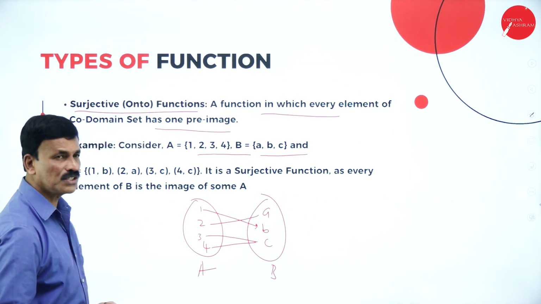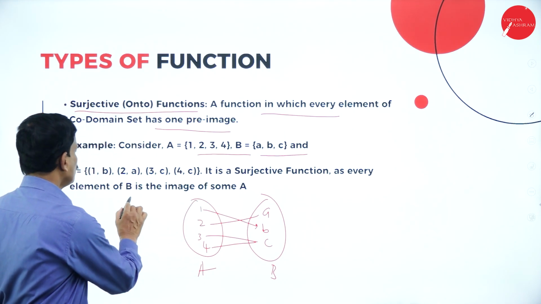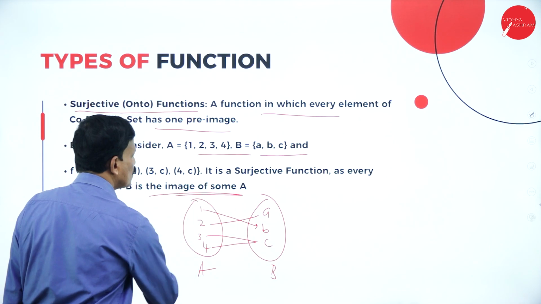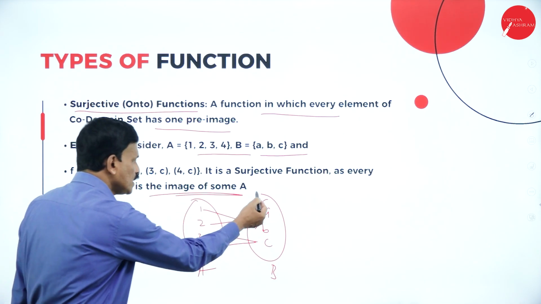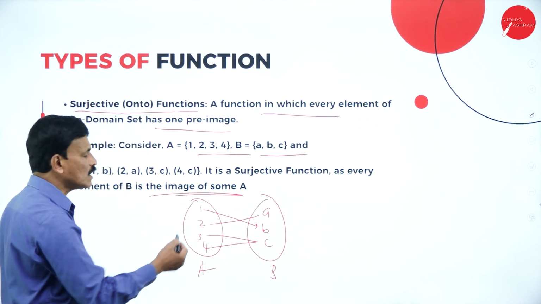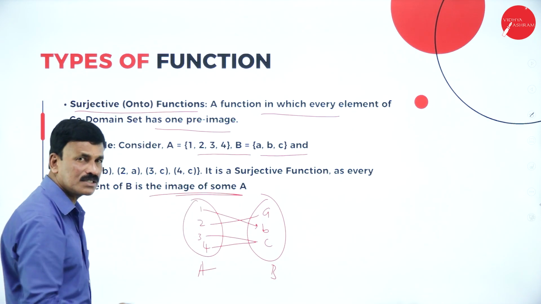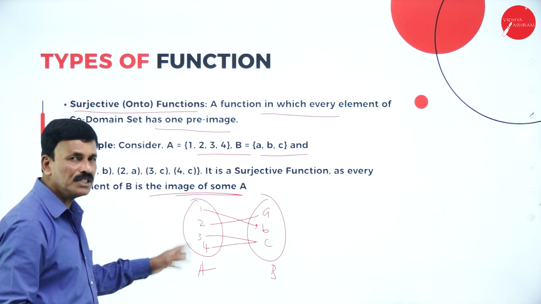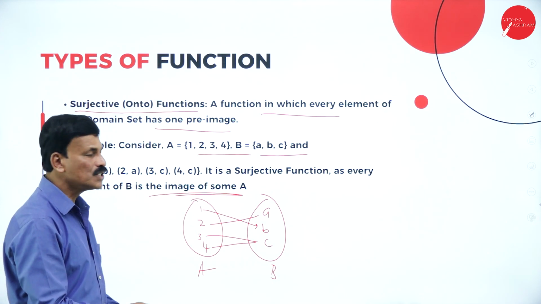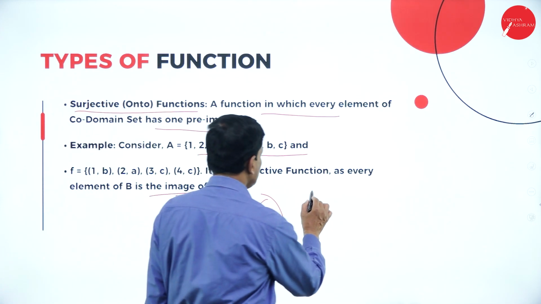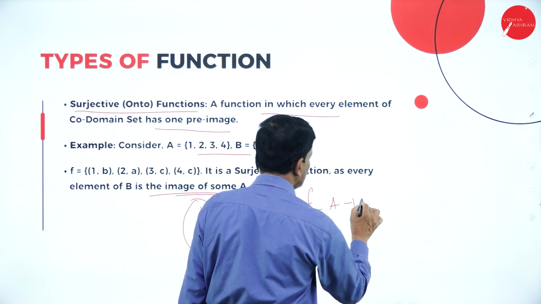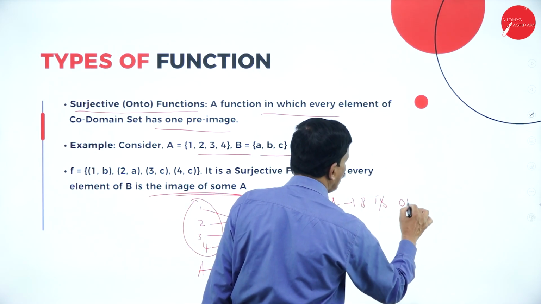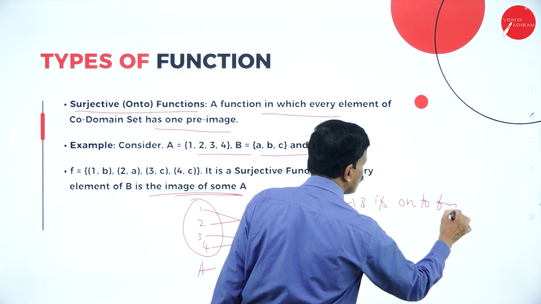So, it is a surjective function as every element of B is the image of some element of A. That means all the elements of B have pre-images under f. So, therefore, f from A to B is called an onto function.